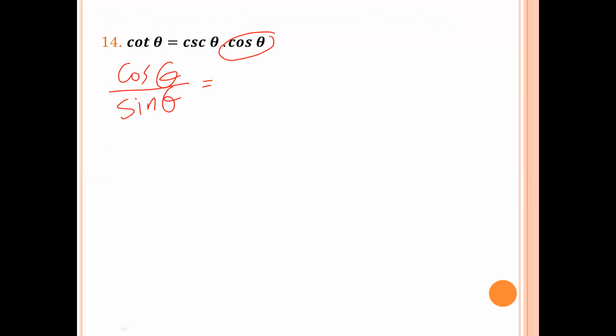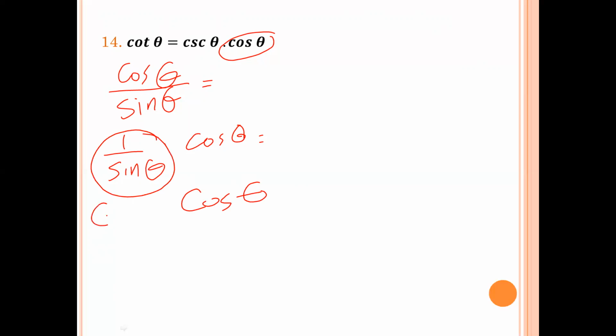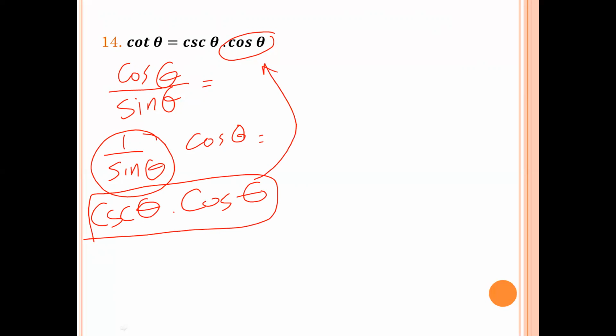Cosecant: how? I know that I can rewrite this as 1 over sine theta times cosine theta. Is it right? Yes. Then cosine theta, keep it as cosine theta. Then 1 over sine is cosecant theta. So I proved my expression.